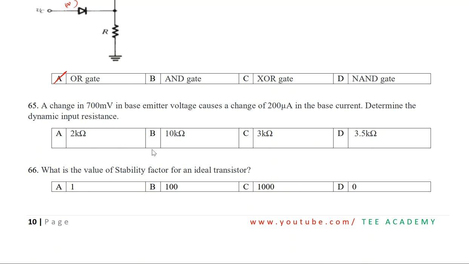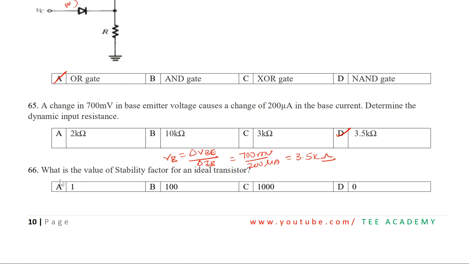The dynamic input resistance R is given as delta VBE divided by delta IB. It is nothing but 700 millivolts divided by 200 microamperes, which leads to 3.5 kilo ohms. So D is the answer here.